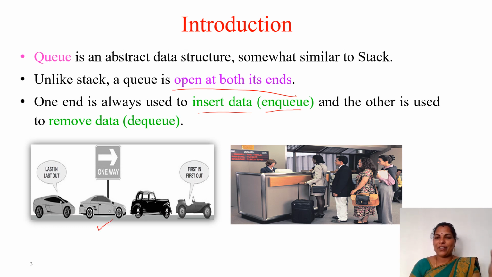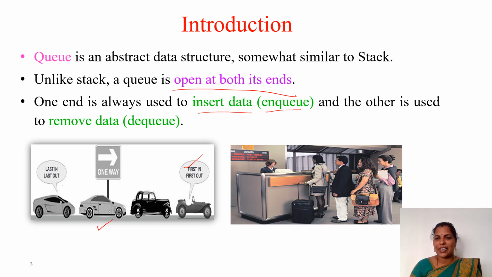By looking at these two pictures, you can easily understand. If you are standing in one-way traffic, our vehicles have to be arranged in a queue. The vehicle that entered first has to go out first. So first in, first out. And the vehicle that entered last has to go out last. Then in an airport, if you are going for the check-in process, whoever entered first has to go out first, and whoever entered last has to go out last.